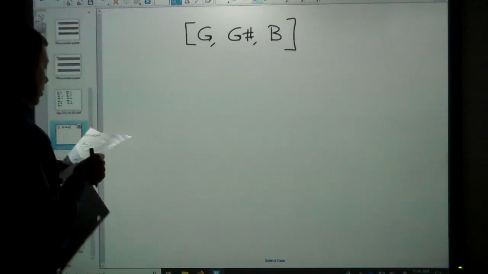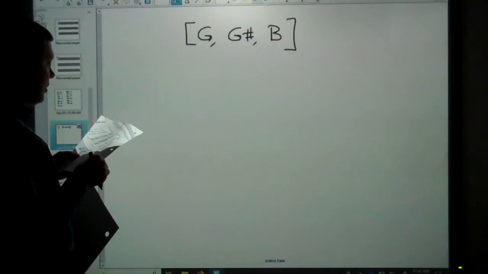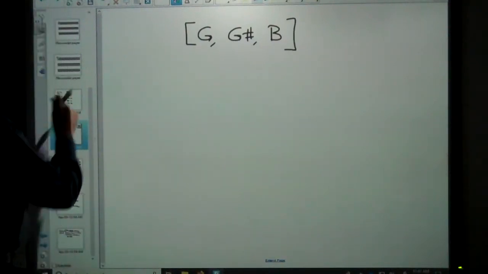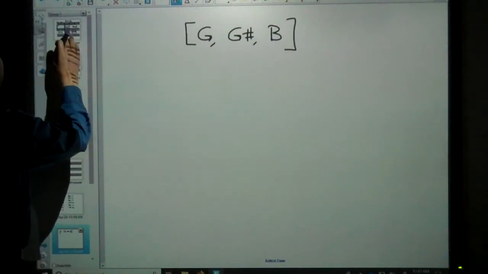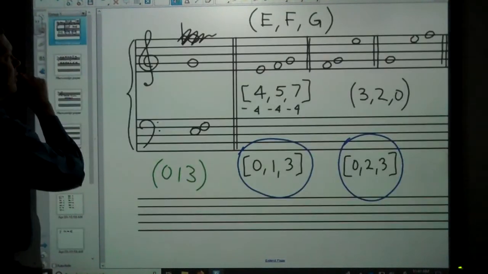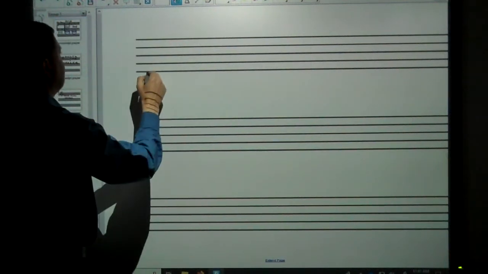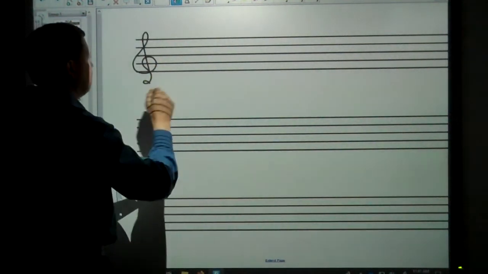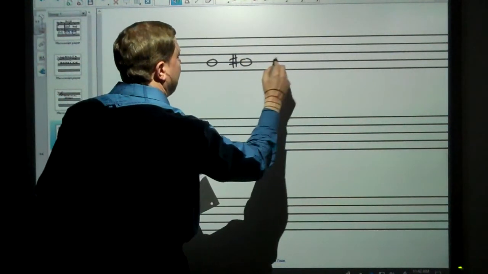So what we're supposed to do is find the interval classes between each pair of pitches in the set. Well, let me go ahead and write them. Let's write them here. We said our set is G, G sharp, and B.